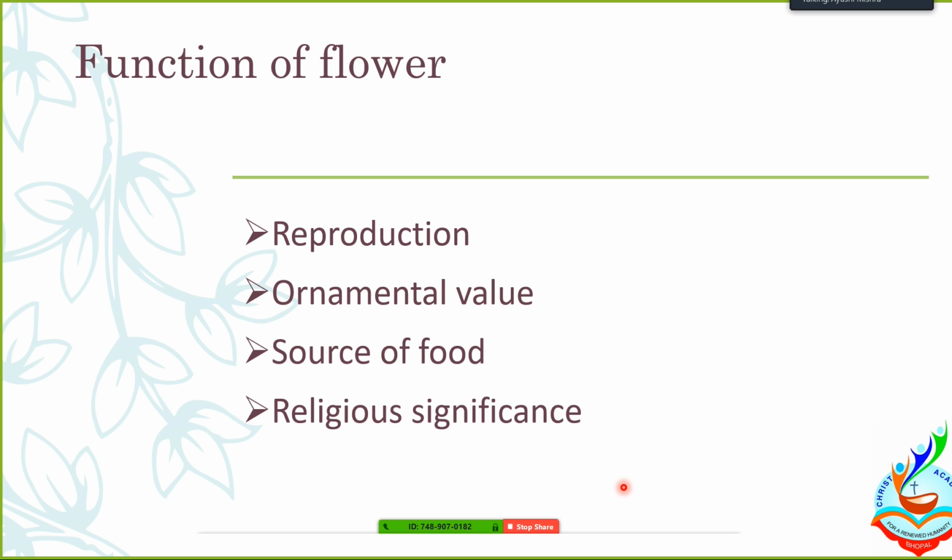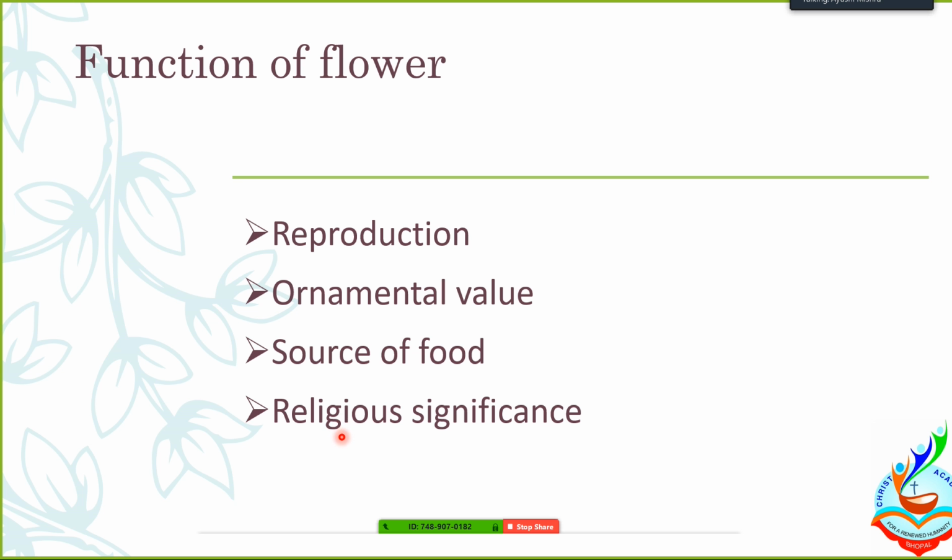Third is source of food. After fertilization, the ovary of the flower develops into fruit and the ovules which were present in the ovary form seeds. Then seeds grow into a new plant.